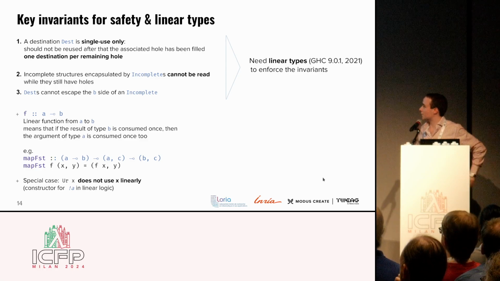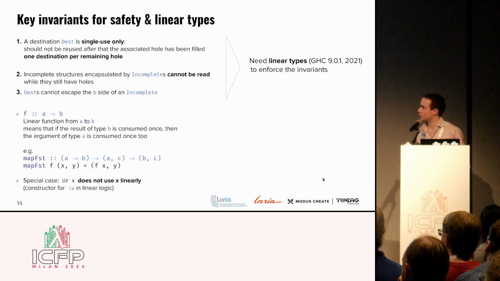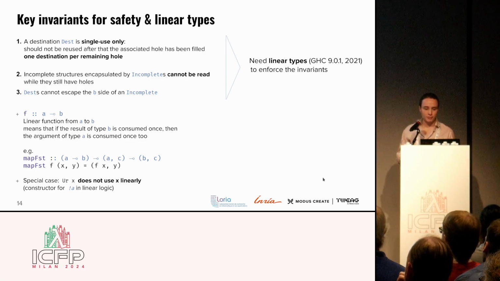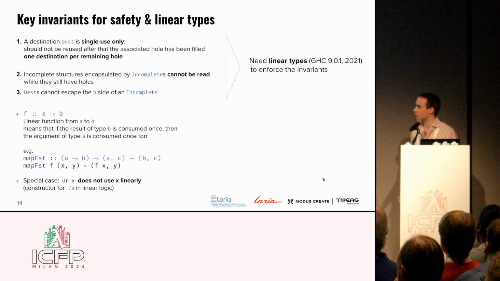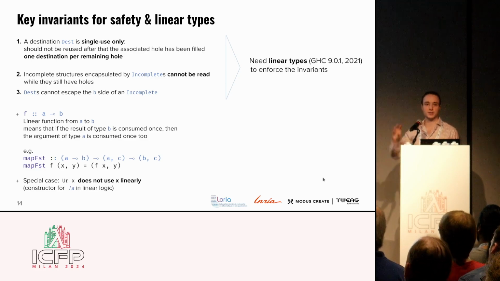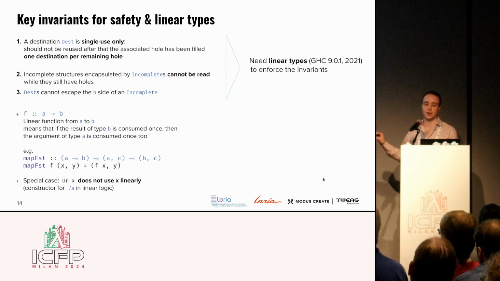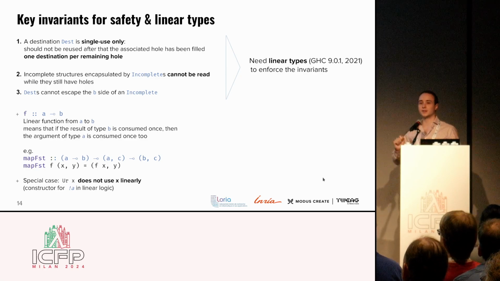So if we look at the linear type implementation in Haskell, a linear function in Haskell only guarantees that the argument of a function will be used once if the result is consumed once. So that's not immediate, or we can force a value to be used linearly.